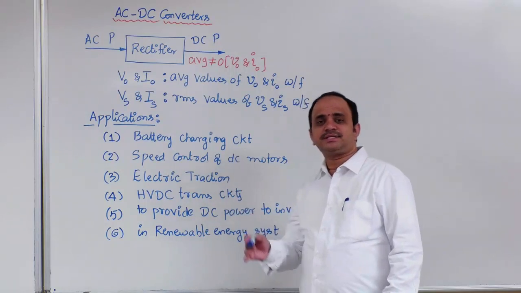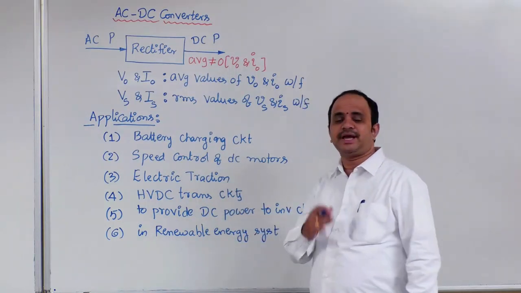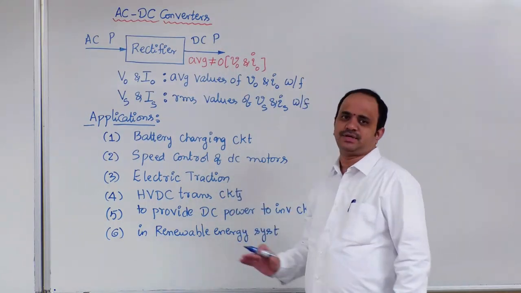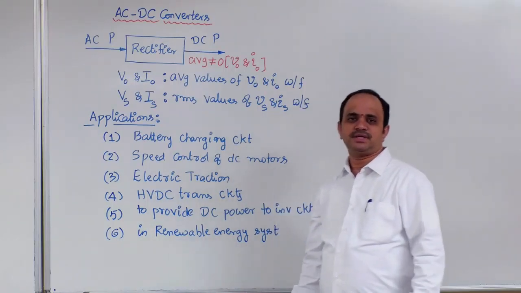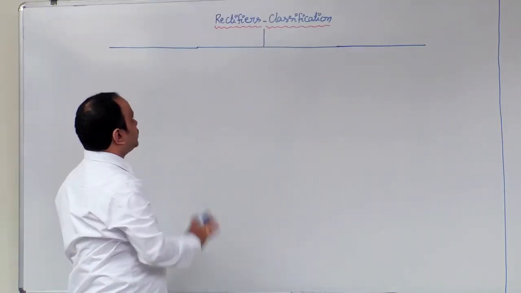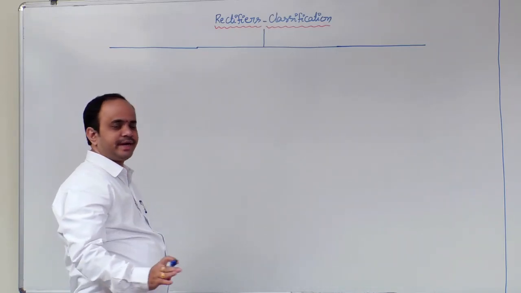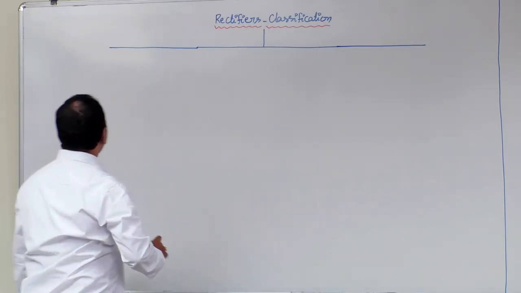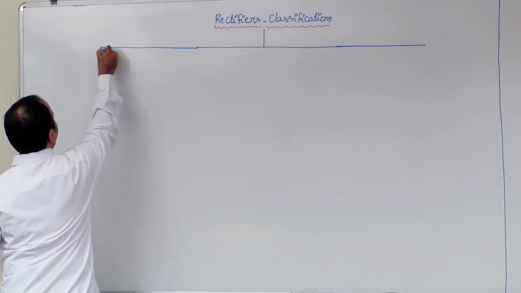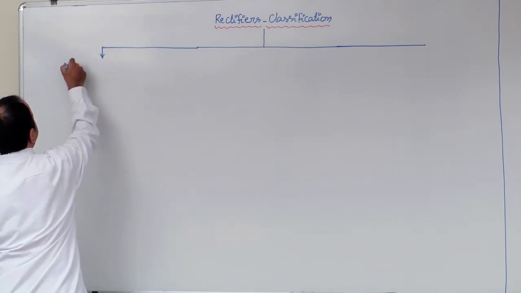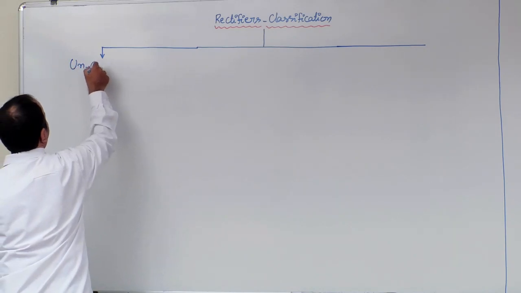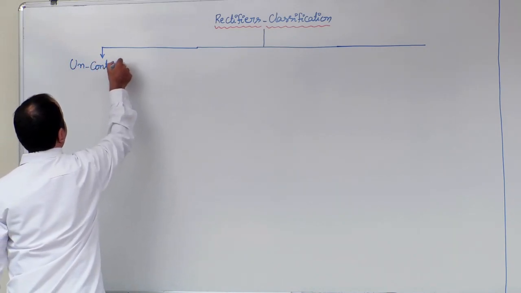After this, let us start with the different types of rectifier circuits. Now, the next topic will be types of rectifier circuits. Let us look into the classification of rectifiers. Basically, rectifiers are classified into three categories. The first one is uncontrolled rectifiers.